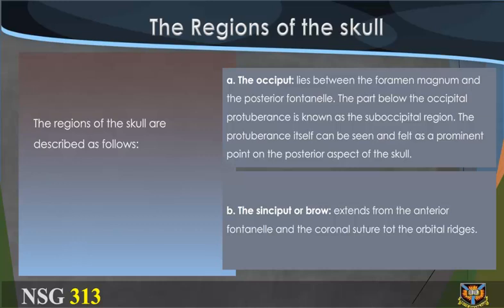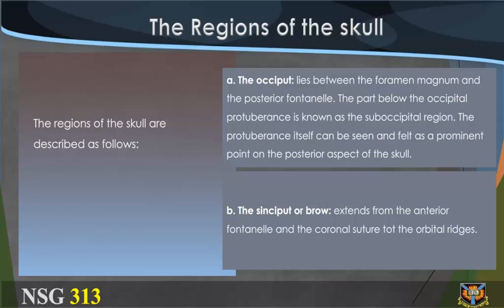The regions of the skull are described as follows. A. The occiput lies between the foramen magnum and the posterior fontanelle. The part below the occipital protuberance is known as the suboccipital region.